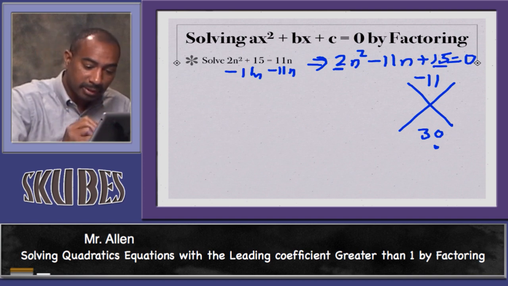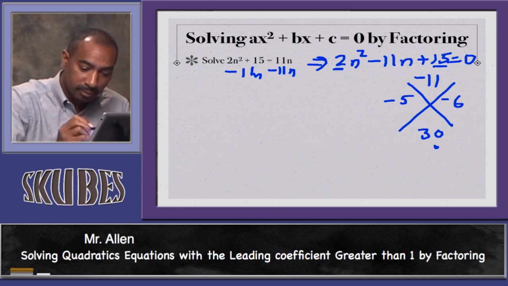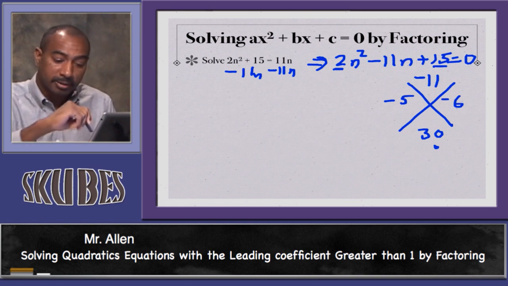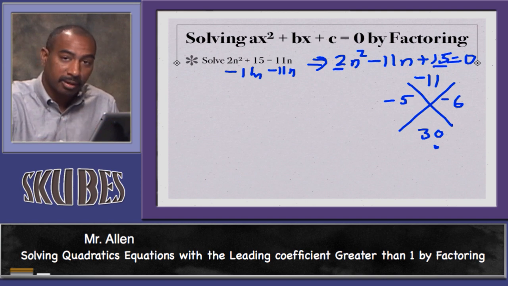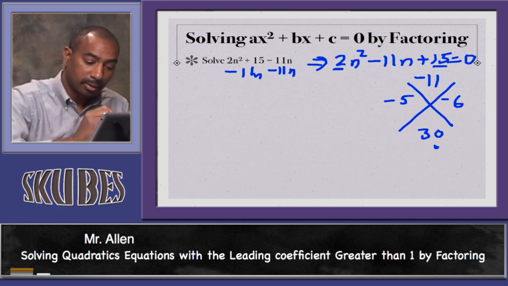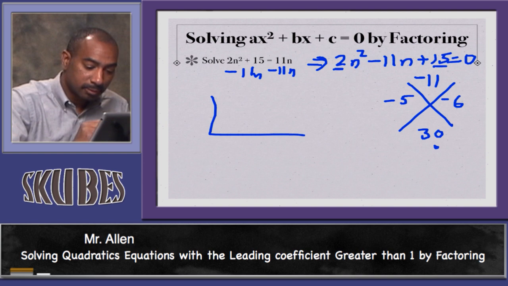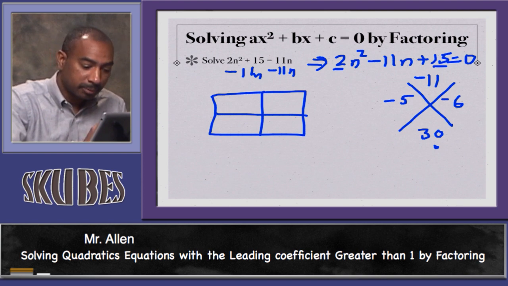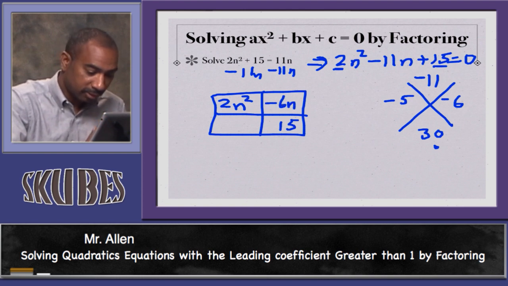So if you think about that, that would be negative 5 and negative 6. Negative 5 times negative 6 is positive 30, but if I add them up, I get negative 11. So I'm going to make my box and get my two factors. All right, so I can put 2n squared, 15 here. You put negative 6n and negative 5n.